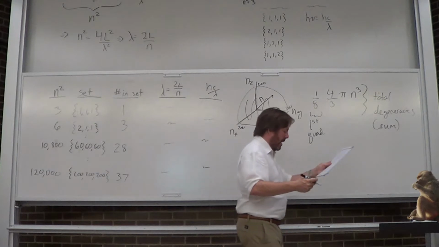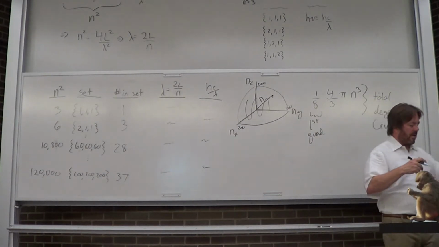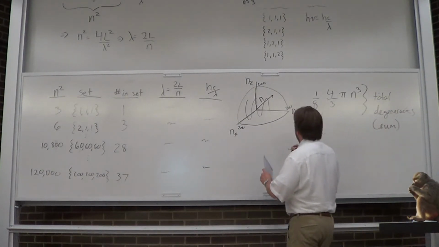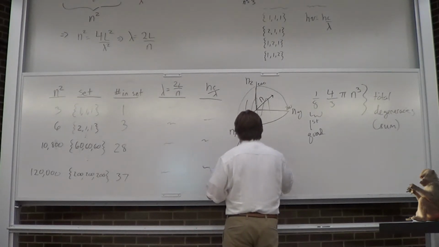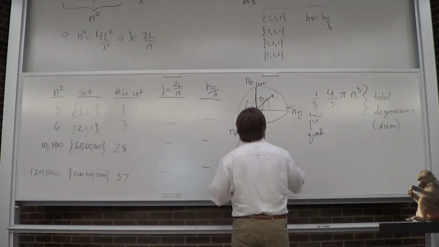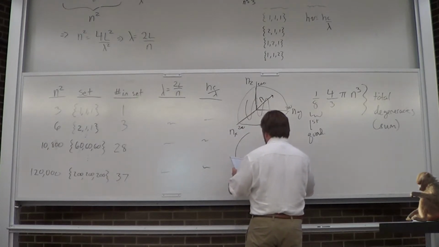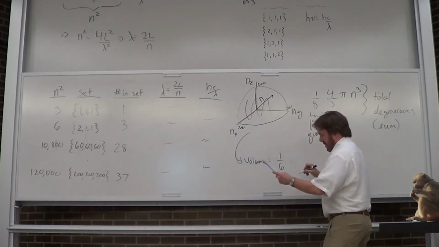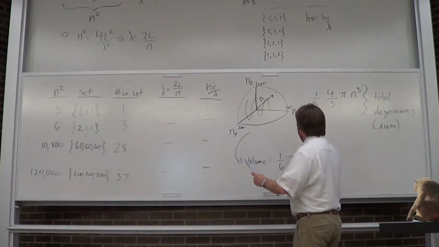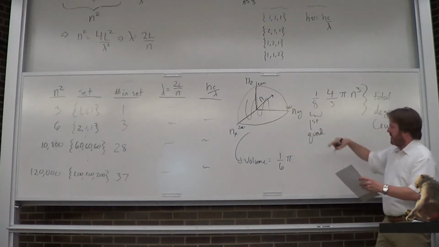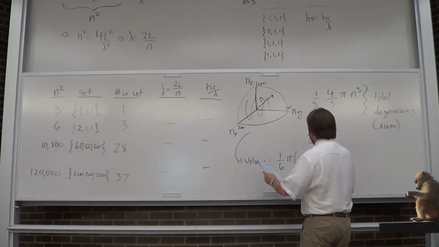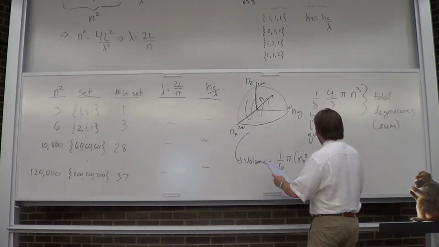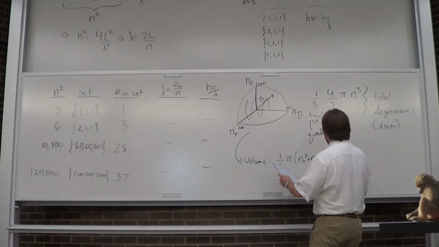Okay, now so what? This volume is, let's see, that is actually 1/6, where in my notes, 1/6 pi, and nx squared plus ny squared plus nz squared.